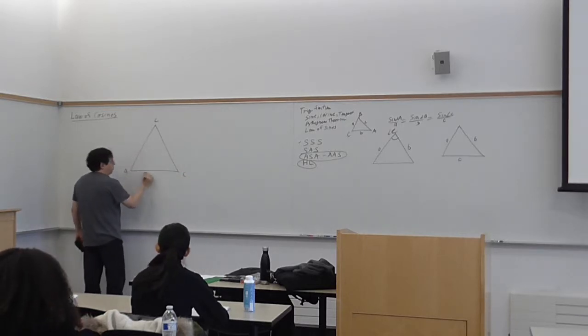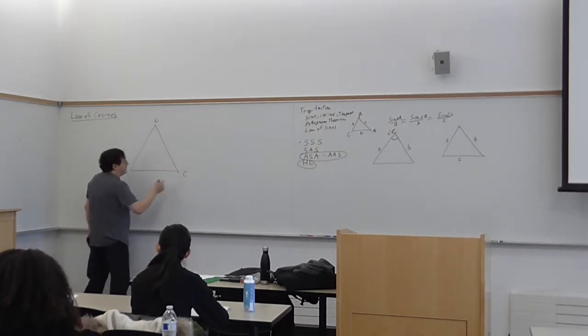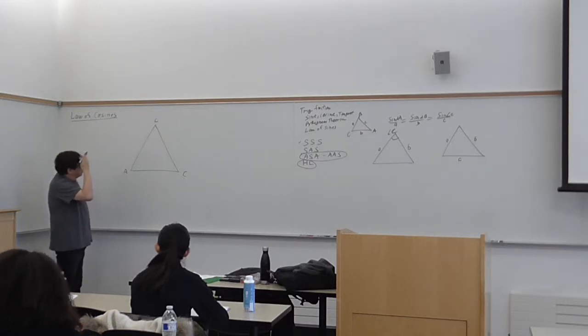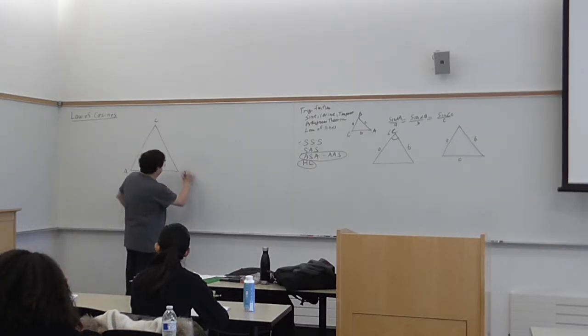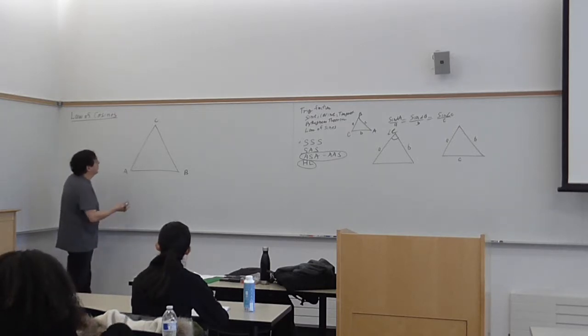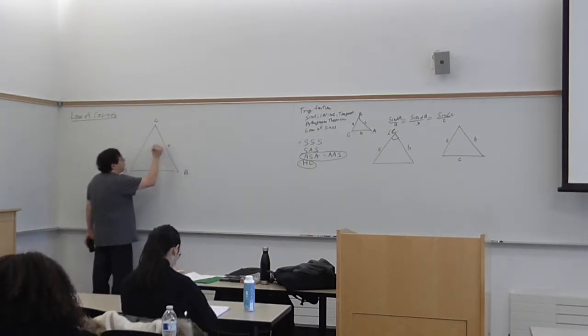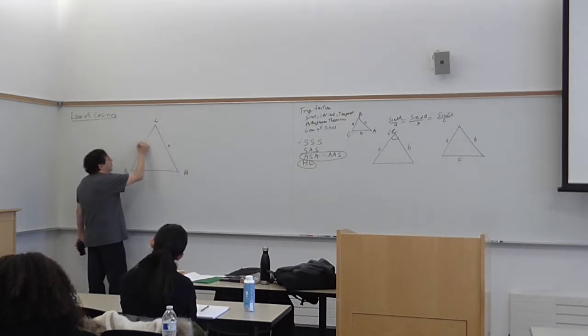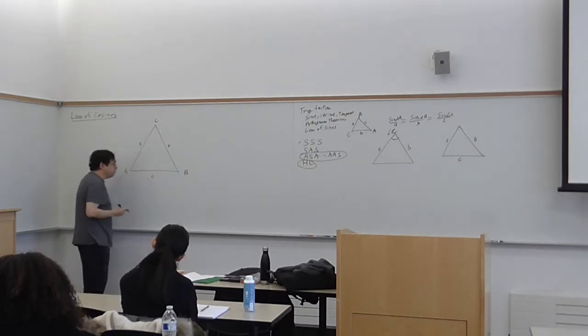The angles or vertices we're going to label A, B, and C, and we label the sides small a, small b, and small c.